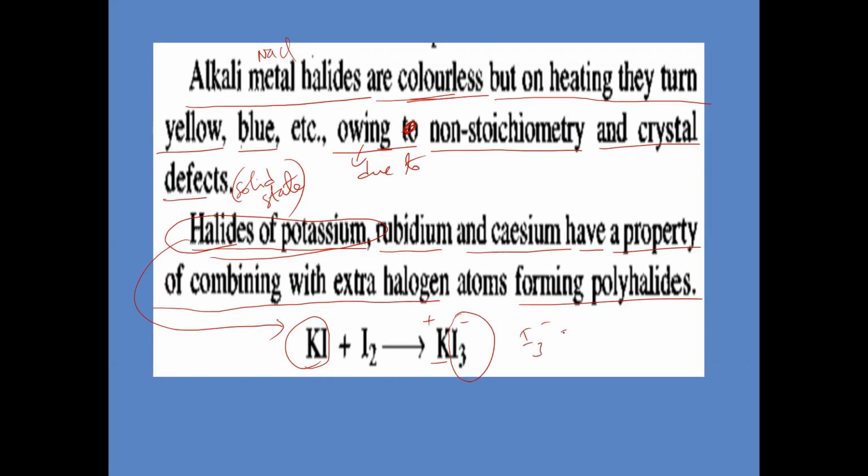This I3- has sp3d hybridization and linear geometry, as we discussed in the chemical bonding topic. So this is called potassium polyhalide, potassium triiodide, a polyiodide.